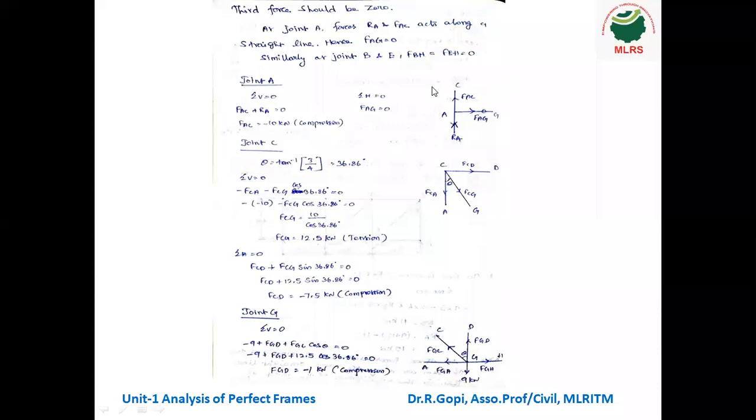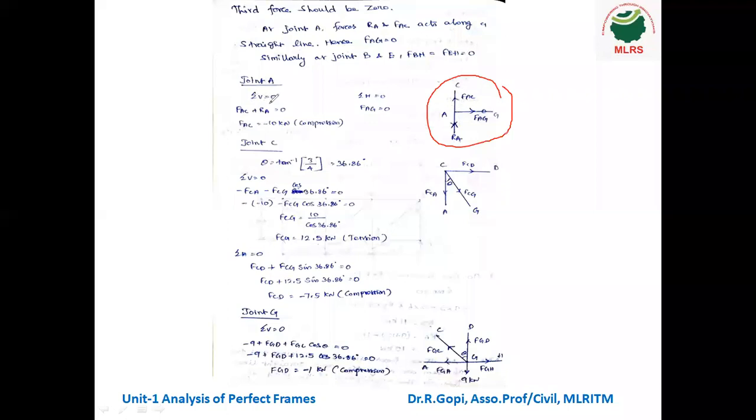In this free body diagram, in the joint A, there are 3 members meeting. You can see here there are 3 members. What are the members? AC, AG, and sorry, only 2 members. Another one is RA, that means reaction. So we have to calculate AC and AG.